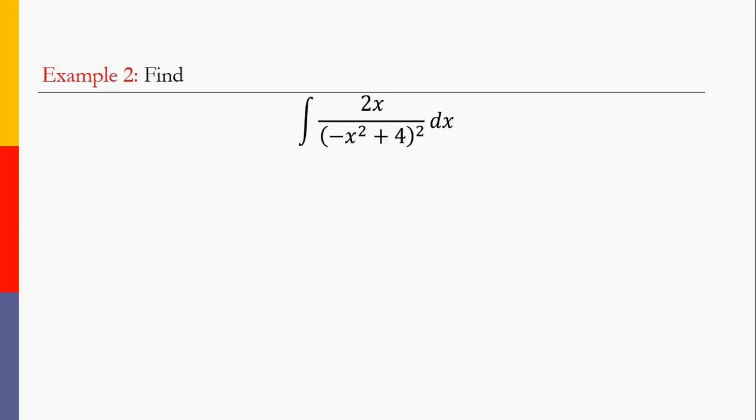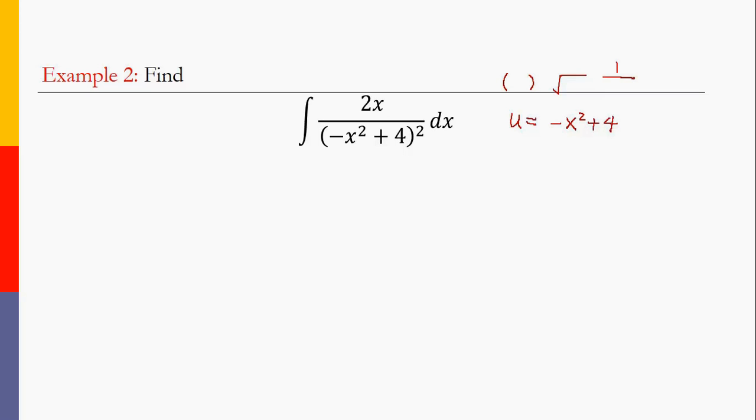In the next example, again we need to identify our u. And u is usually the expression inside a parenthesis, under the square root, or in the denominator. But in this case, we have negative x squared plus 4 inside a parenthesis. So that will be our u.